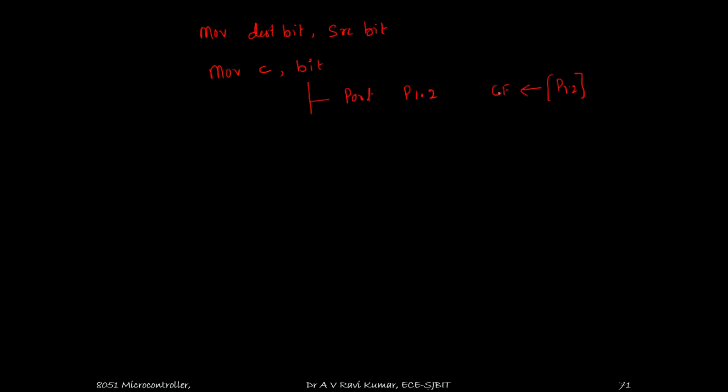Let's say I'll take the accumulator bit, ACC.2. Here from the carry flag it is transferred to bit 2 of the accumulator, that is the D2 bit. Here also the bit can be any bit addressable register or some SFR, special function registers.